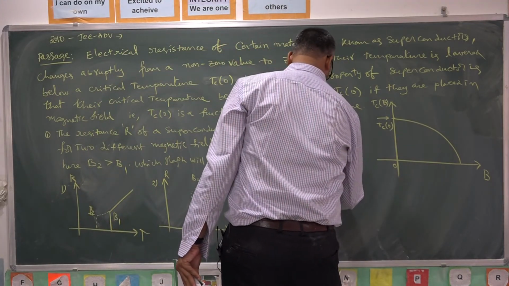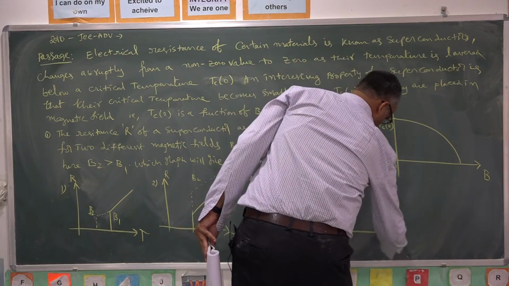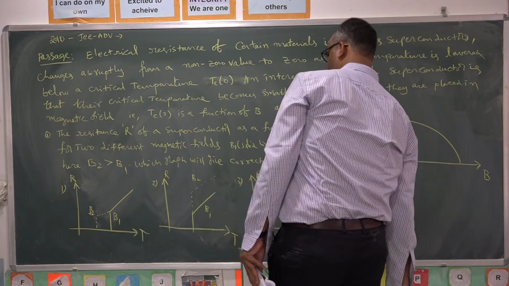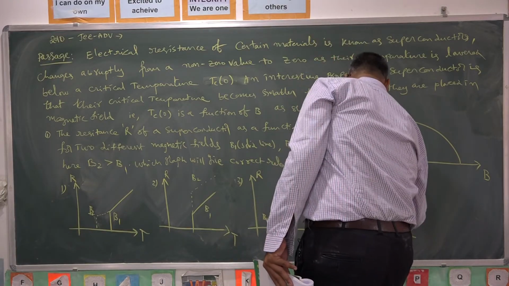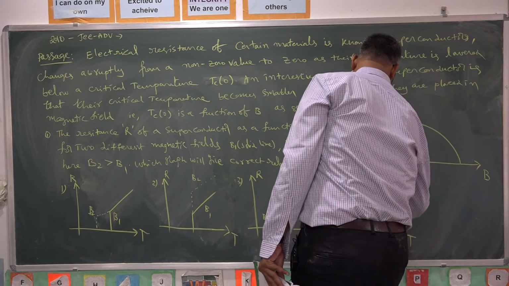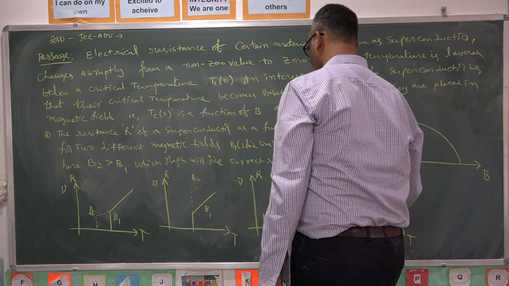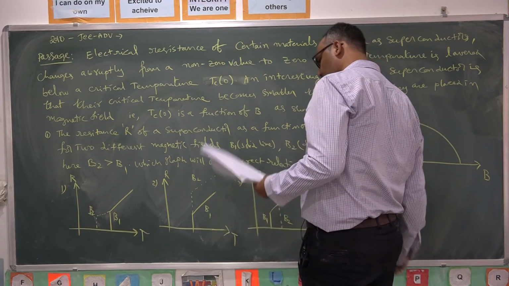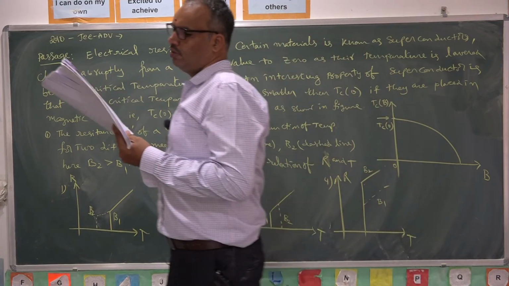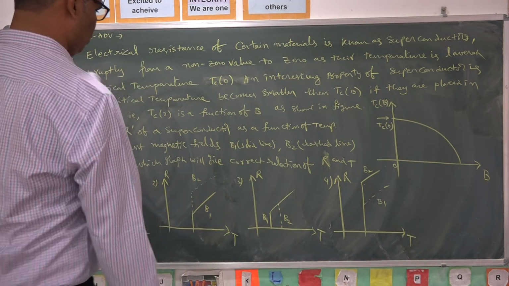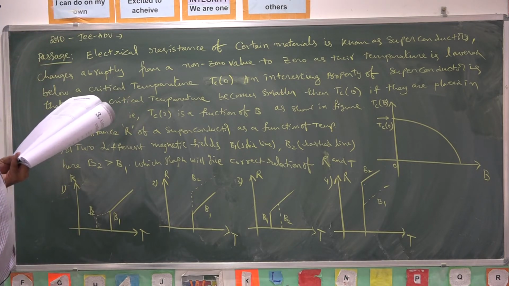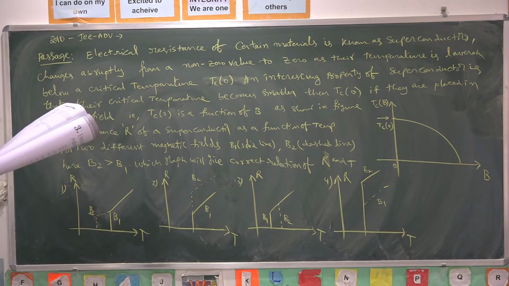Last graph between R and T. Sorry, this is B1, this is B2.